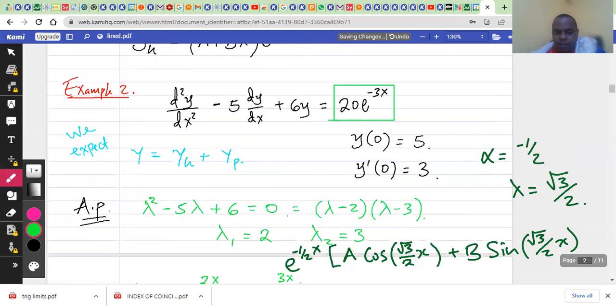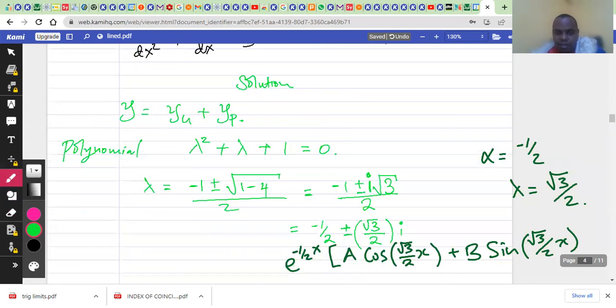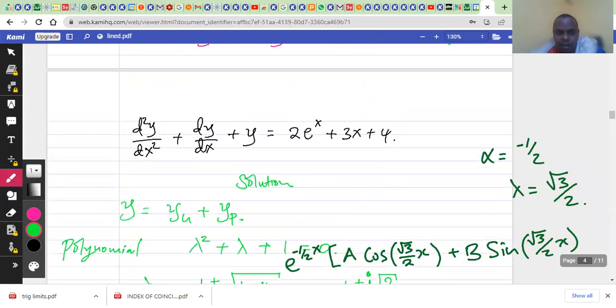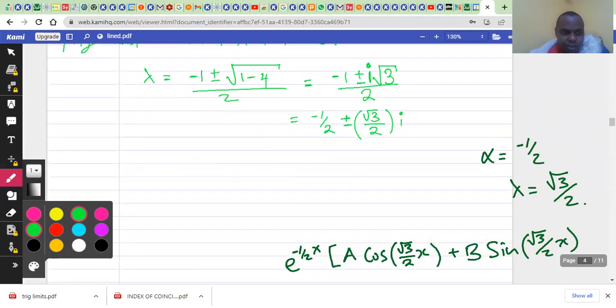So we go down with our homogeneous solution to this problem. It's going to be YH.